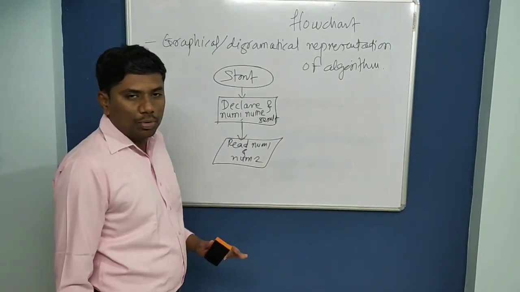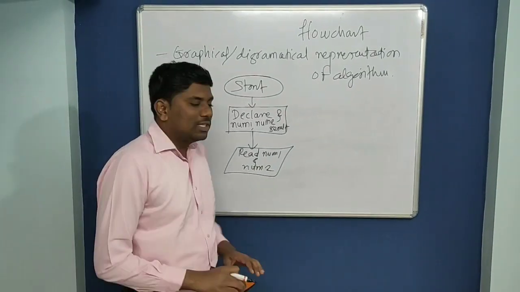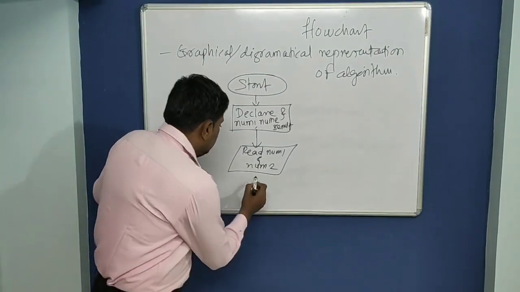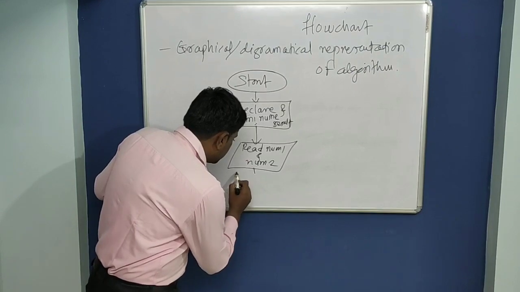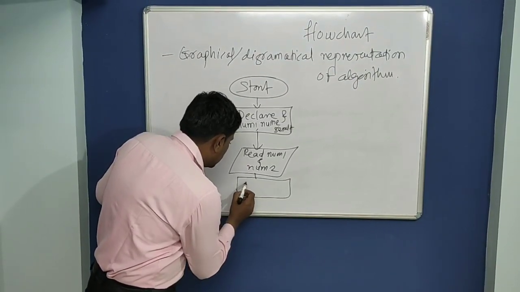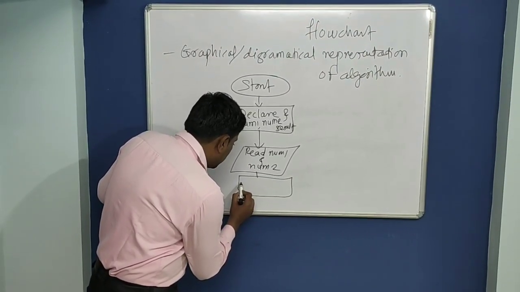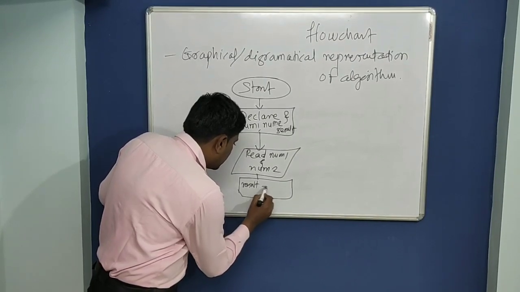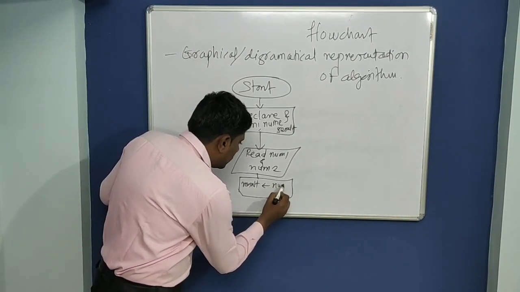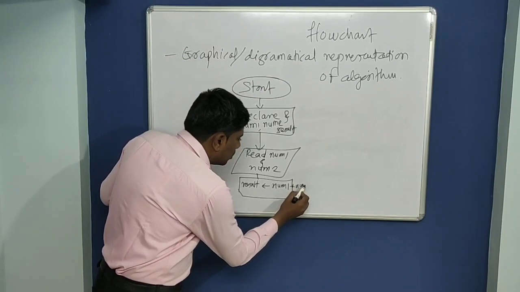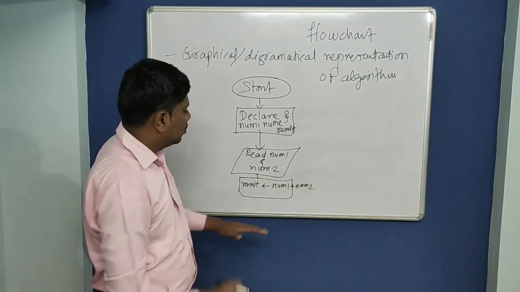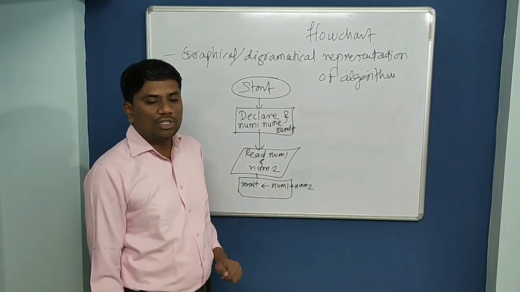After reading, the next step is to calculate the result. What was the formula? Result equals number 1 plus number 2. This is a regular statement.